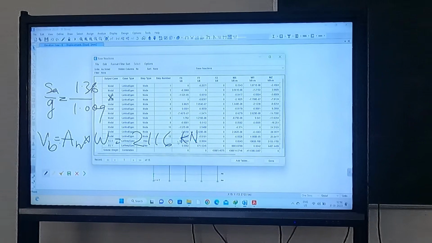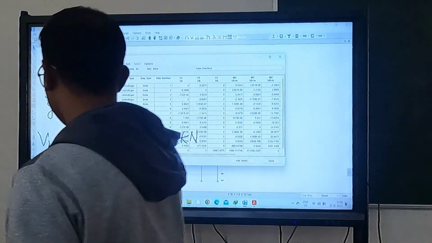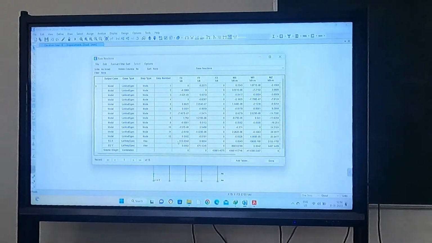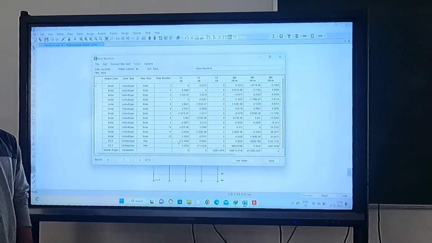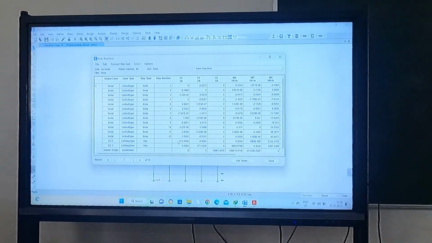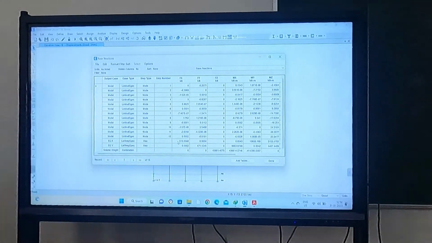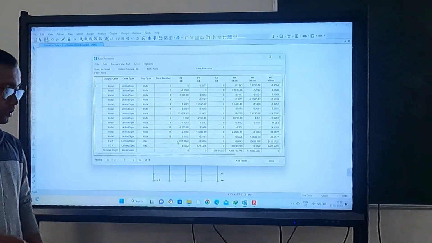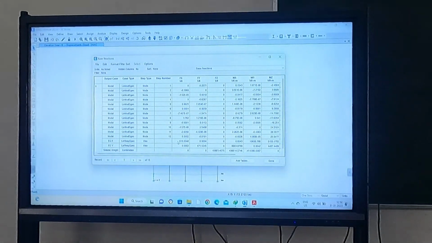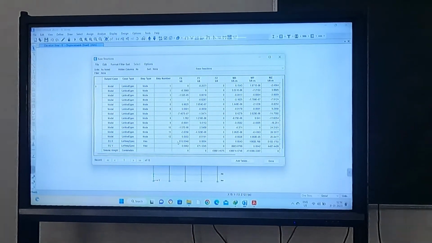How much is given here for x and y direction? In x direction it is 515, in y direction 471. Okay. So next step is to apply the base shear correction.